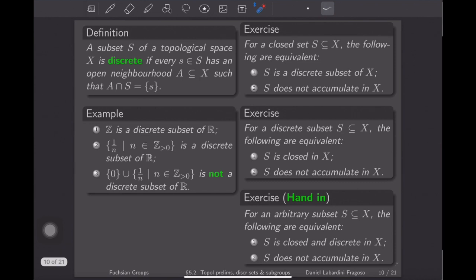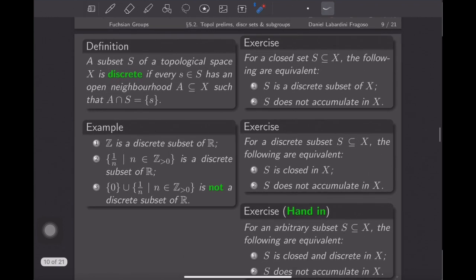And so a subset of a topological space is discrete, well, here's the definition, if every point in my subset has an open neighborhood with the property that, I mean, being an open neighborhood of s, of course s belongs to it, but it's the only point of the subset that belongs to it.